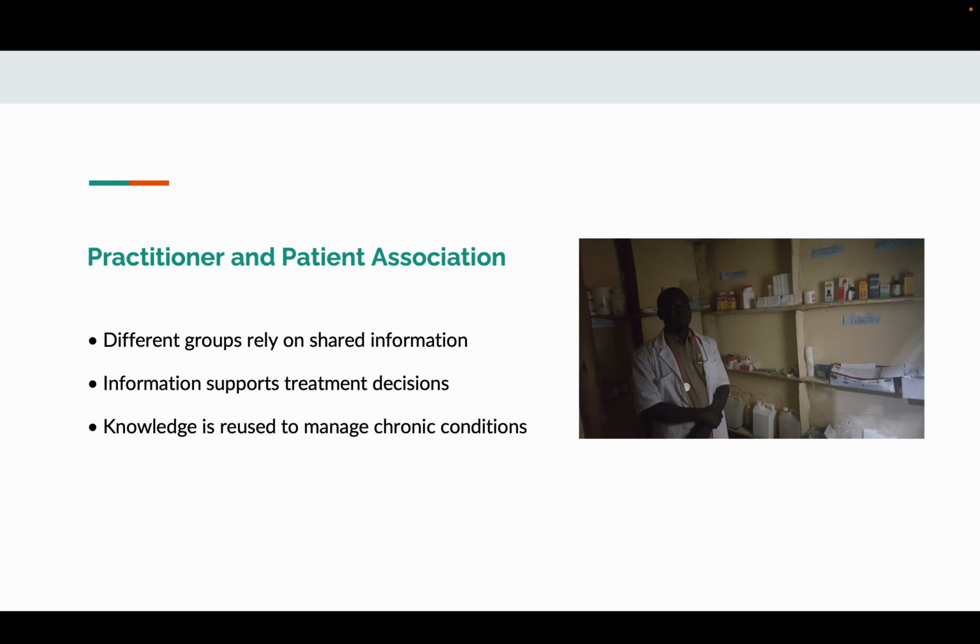We found that health practitioners required certain information to understand the challenges that people with hypertension were facing. Information supported treatment decisions. This basically meant that if one had hypertension, their history of treatment was important. So if somebody went to a facility without the records, this was more difficult to solve because then you have to start from zero.